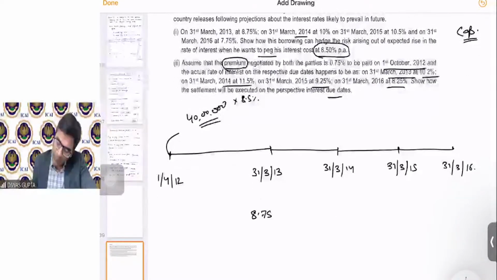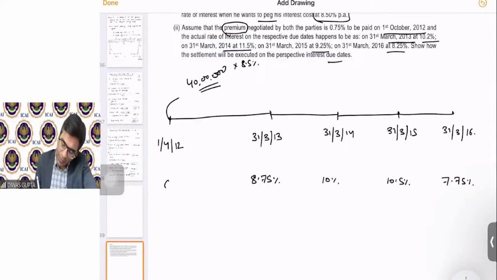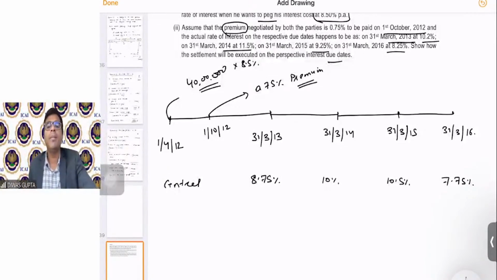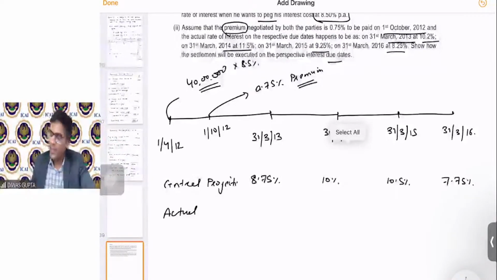Then 10%, 10.5% and 7.75%. So this is the central bank's quote. And somewhere here, on 1st October 12, a 0.75 percentage premium is required to be paid for entering into an interest rate cap, and the actual turns out to be 10.2. Correct. 31st of March is 10.2%.